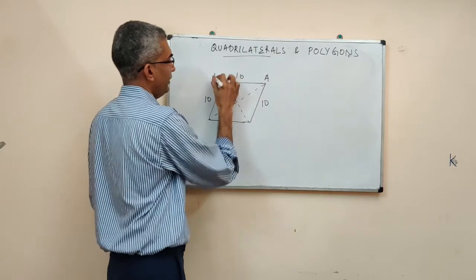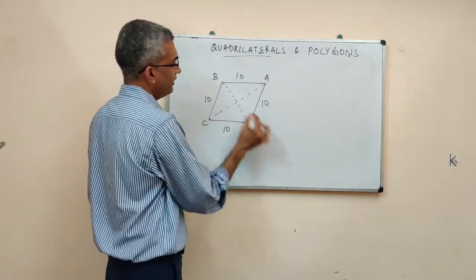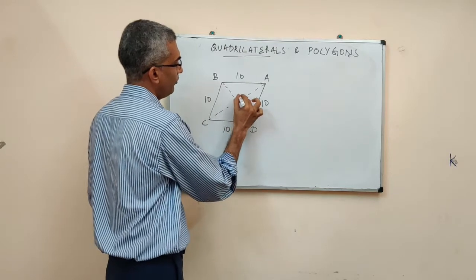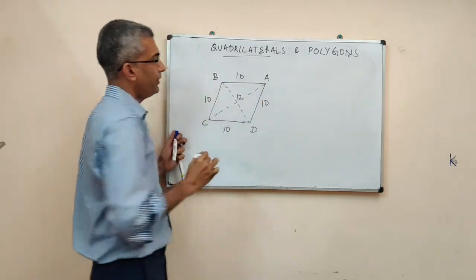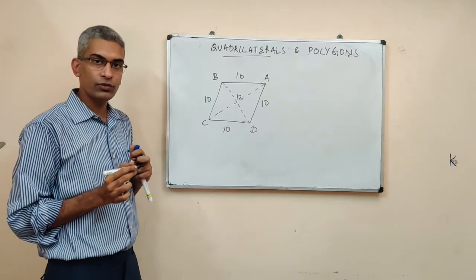The rhombus is named A, B, C, D. It is given that BD is 12. Can you find the area of the rhombus?